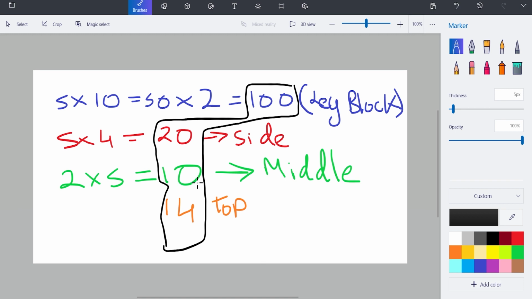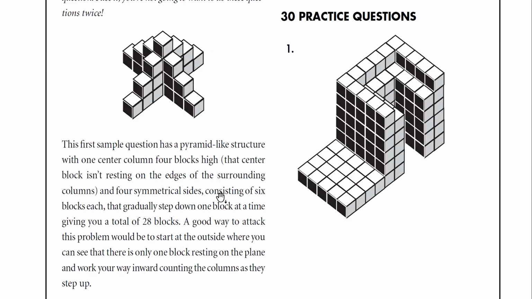So where are we missing 10 of them? Do you guys see where we're missing 10?